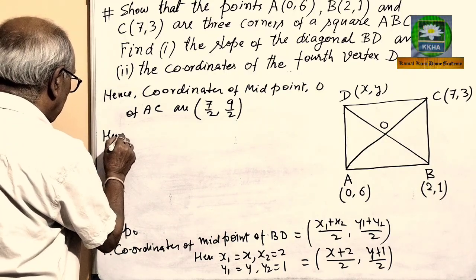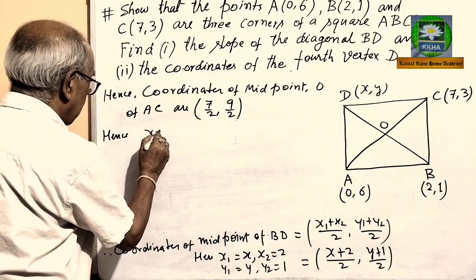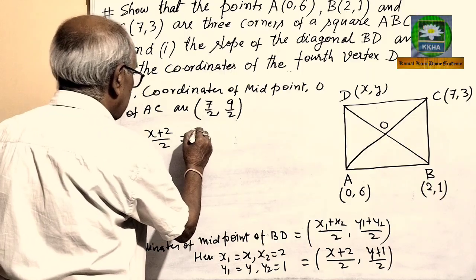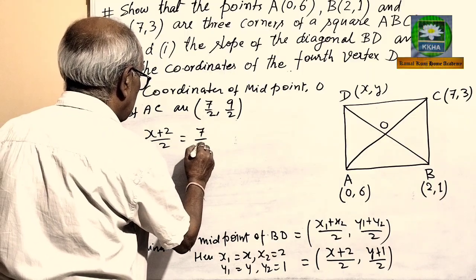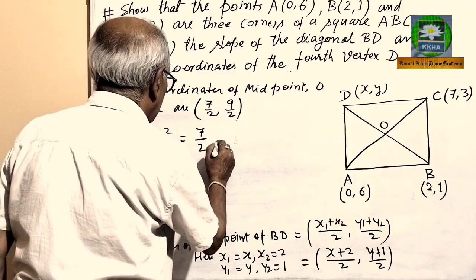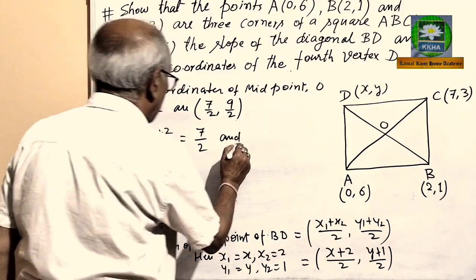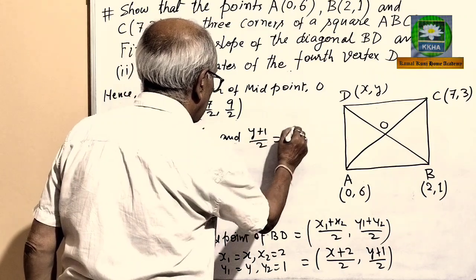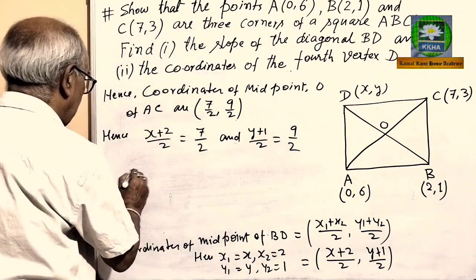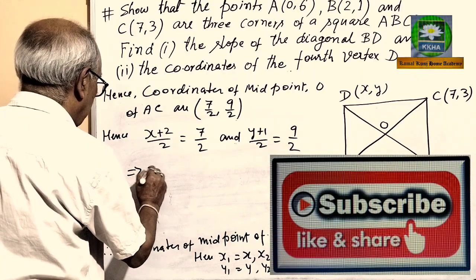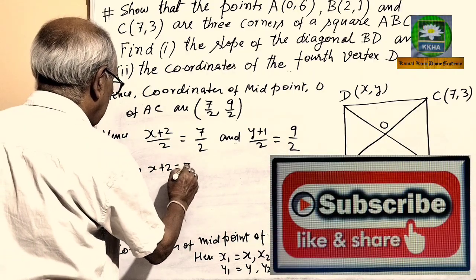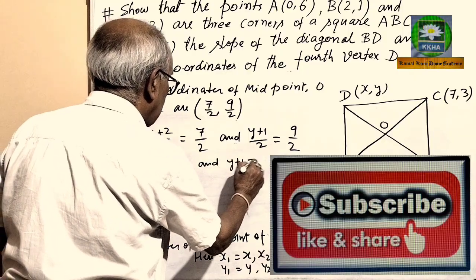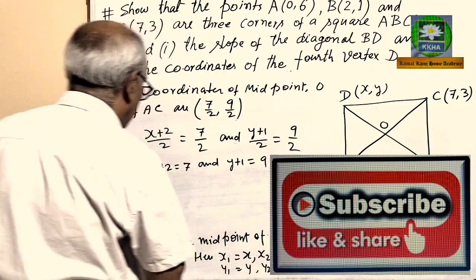Hence, x plus 2 upon 2 will be equal to 7 upon 2 and y plus 1 upon 2 will be equal to 9 upon 2. This implies that x plus 2 equal to 7 and y plus 1 equal to 9.